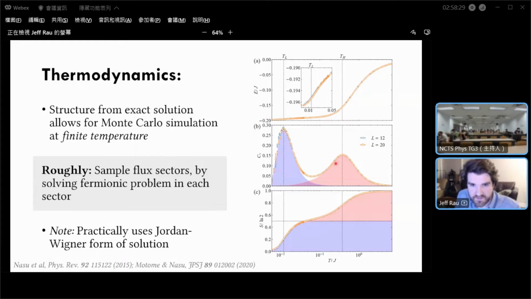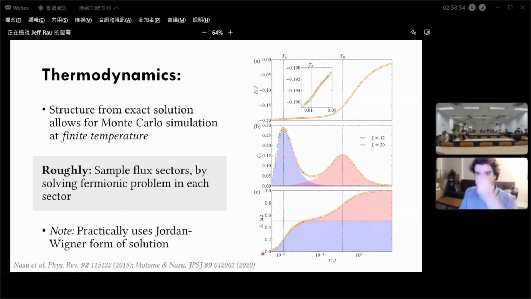One, this heat capacity has two distinct features in it, which is a hump at temperatures of order of this Kitaev coupling, this exchange, and then another hump at much lower energy. And then the entropy shows the characteristic feature, which is, because you're releasing entropy here, there's a mild plateau in between, and then it drops further after that.